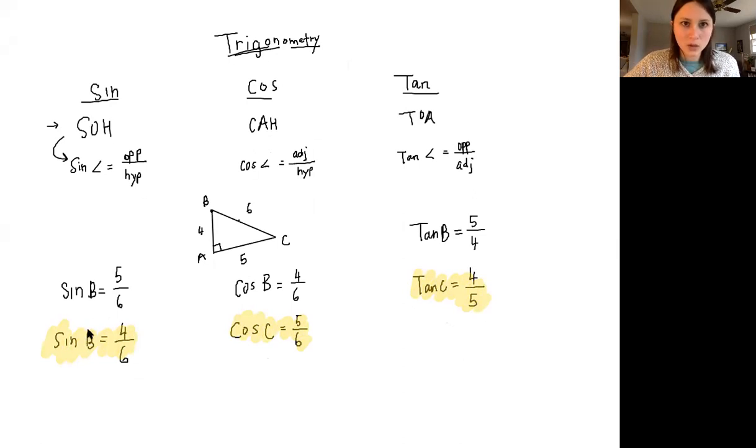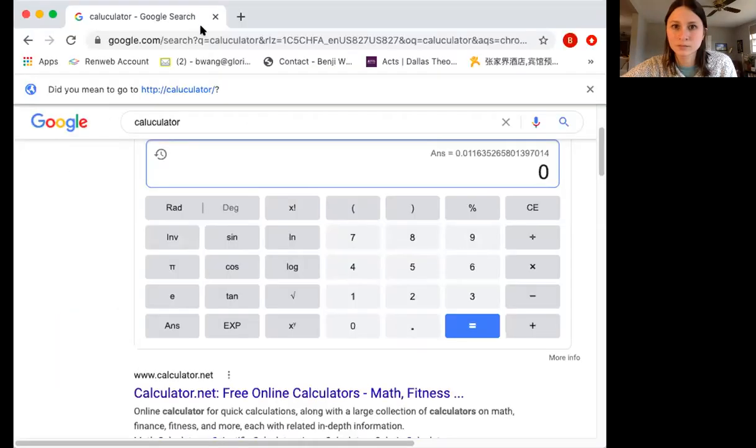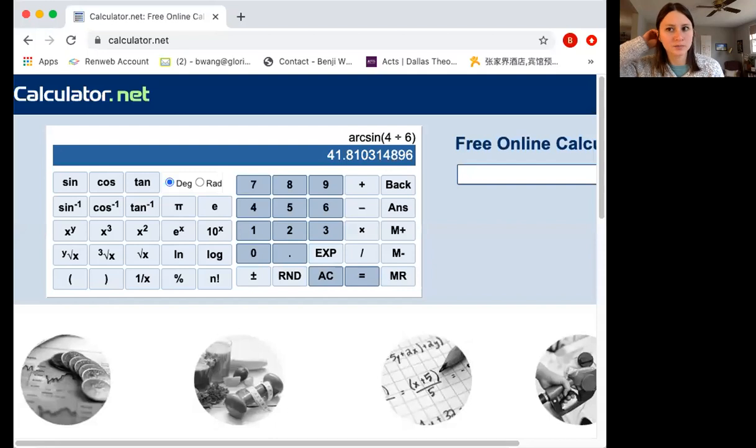Because this says angle B, and angle C there. So first of all, you have to be careful sometimes with the format of your calculator.